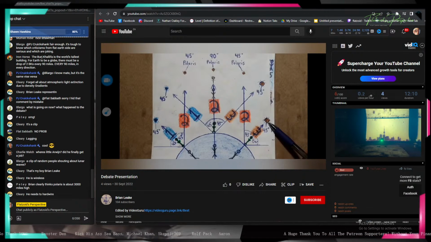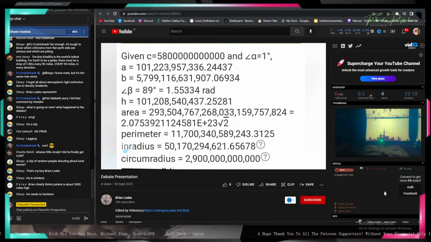I'm going to show you the ridiculous amount of refraction that requires, and he'll still probably complain about my refraction model. So if we just give him the benefit of the doubt and put Polaris at 1 light year away, there'd be 101 billion miles of refraction simultaneously happening on each side of his ball. That's the type of refraction the globe is dealing with.